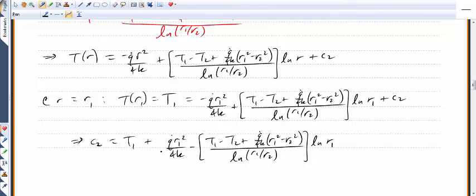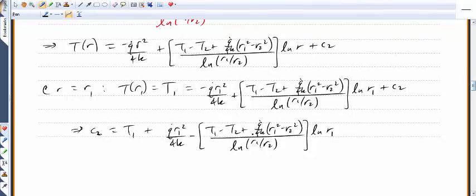So now we have an equation for c2 using the evaluation of our temperature field at r1. We could also do it at r2. In doing so, we get exactly the same equation, except this would be a T2 up front, this r1 would end up being an r2, and instead of an r1 here, it would be an r2.